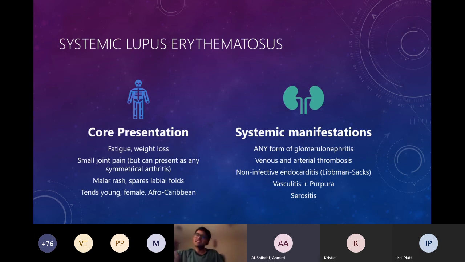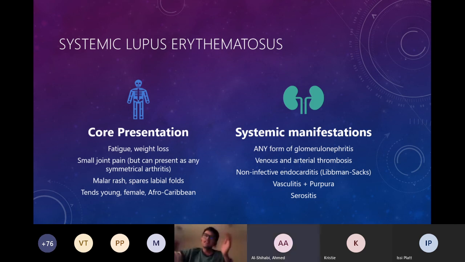Right. I've just given away loads of spoilers, but lupus is a truly systemic disease. Everyone thinks lupus is really exciting, but most people with lupus will present with nothing other than fatigue and weight loss. That is the majority of lupus. Alongside this, they may have cutaneous manifestations, classically the malar rash, and small joint pain that tends to mimic rheumatoid arthritis.